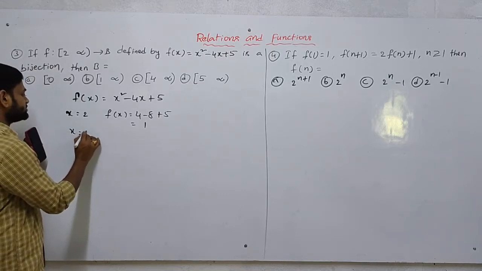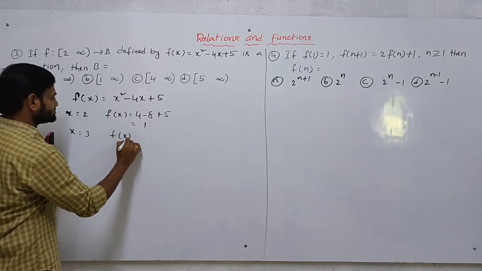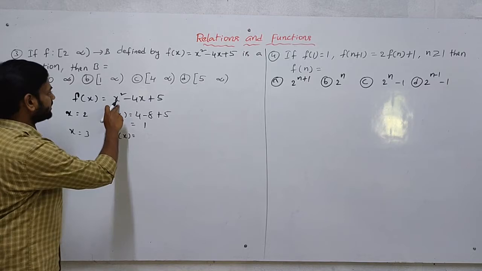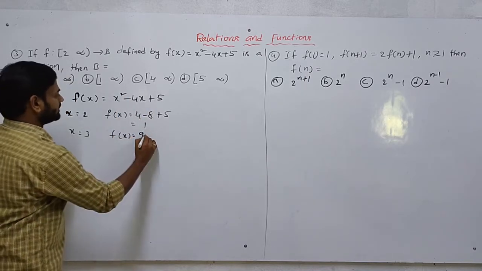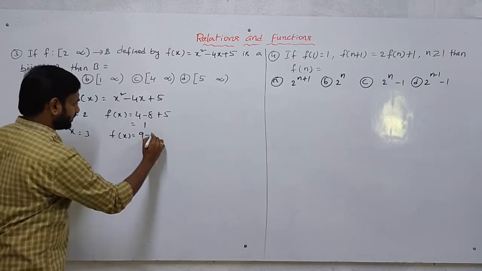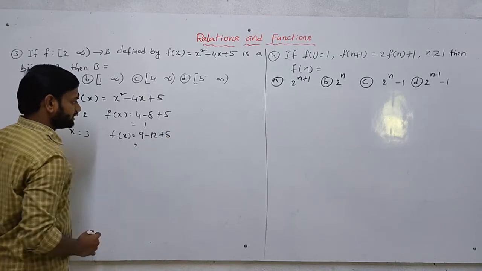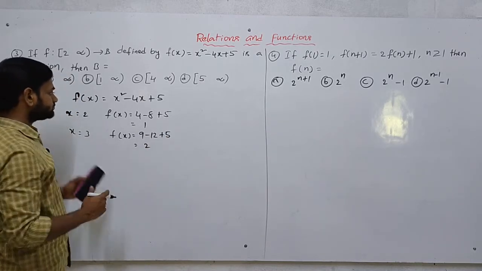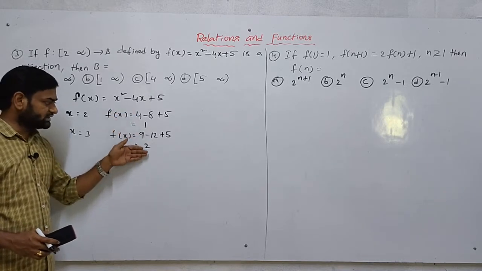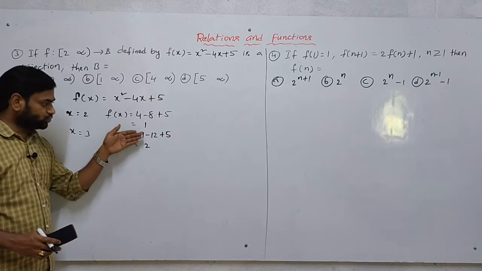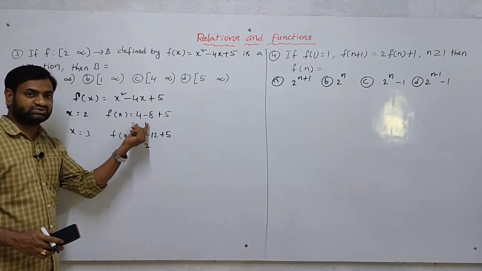Suppose x equal to next value, can I take 3? So f of x value, substitute here, 3 square is 9 minus 4 into 3, 12, plus 5. So 9 plus 5 is 14, minus 12 is 2. That means the value is increasing: 1, 2, next. It is increasing. So what is the minimum value we got? That is 1.